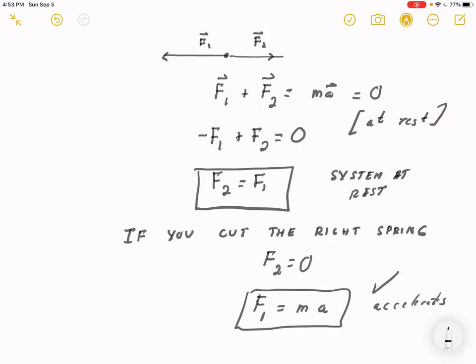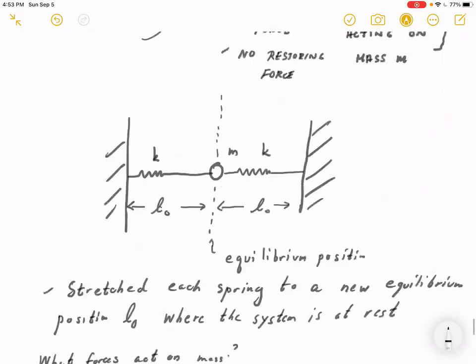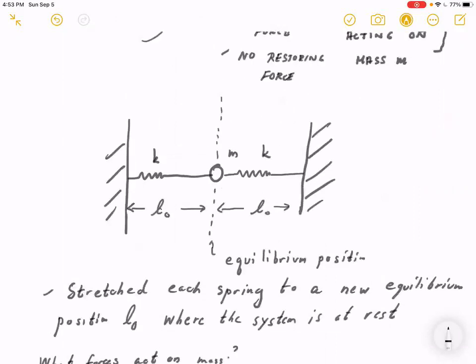If you just naturally come along and cut the spring, either one of them, that mass is going to move in a direction depending on which spring you cut.